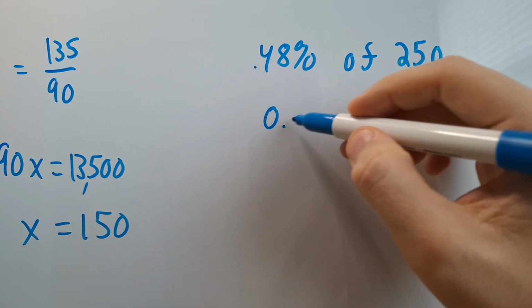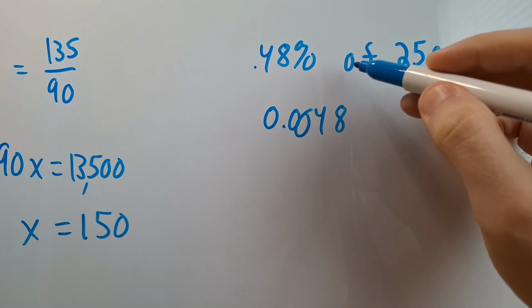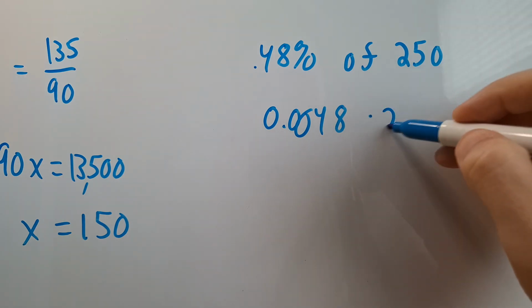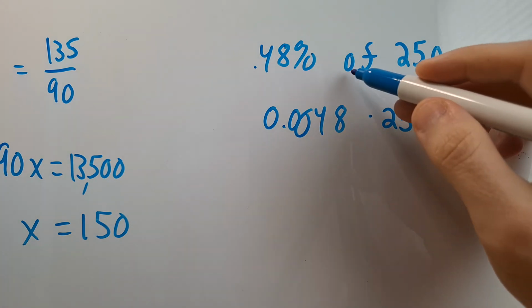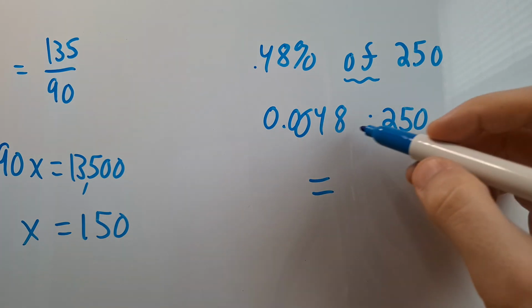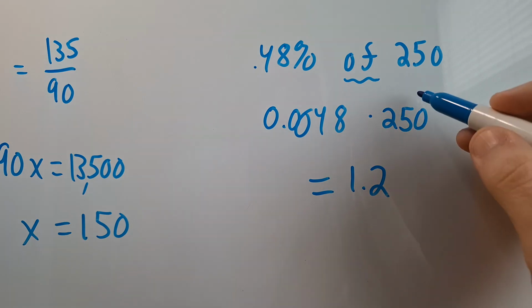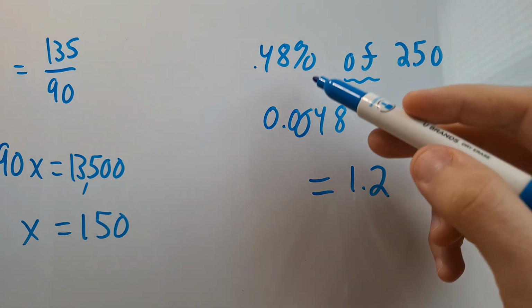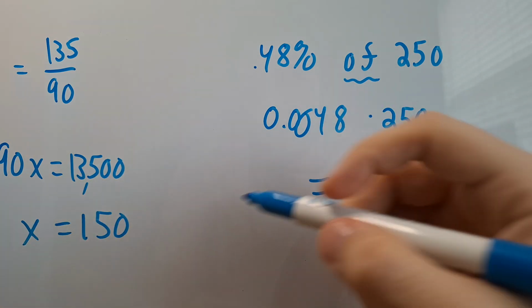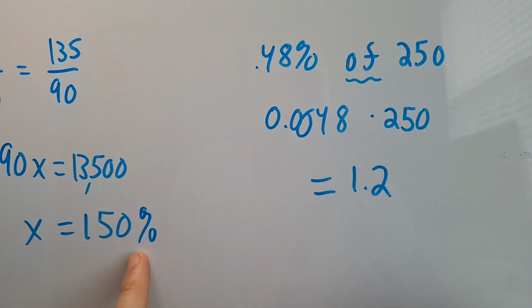So now you have this number. And when you multiply it by 250, because of means to multiply, I'll drop references below to previous examples I've done of percent problems for reference, but this gives you the general idea for working with percents that are less than 1, or in sometimes a case where you have a percent bigger than 100. Thank you so much for watching, and I will see you later.